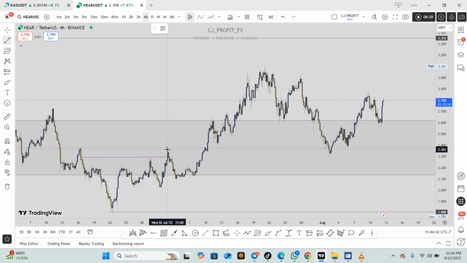We have our break of structure here. We have another small break of structure here. Break of structure.